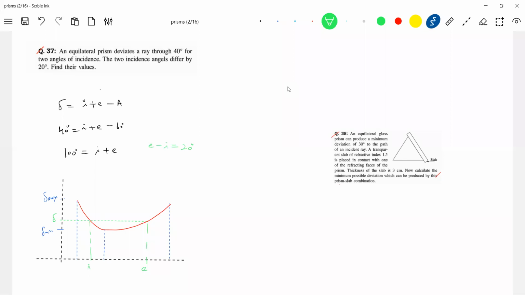Okay, solve this, and we'll get the values of i and e. Solving this, i plus e will be 100. So e will be 60 degrees and i will be 40 degrees.